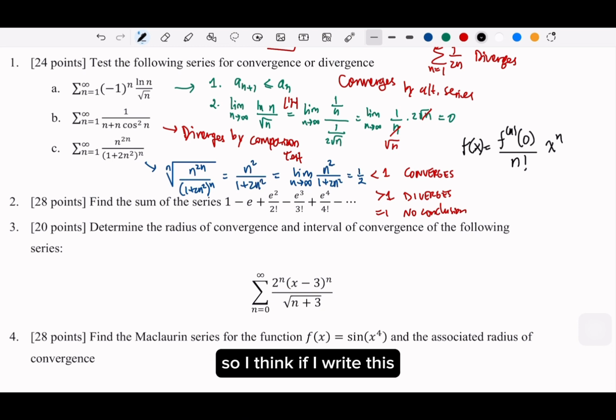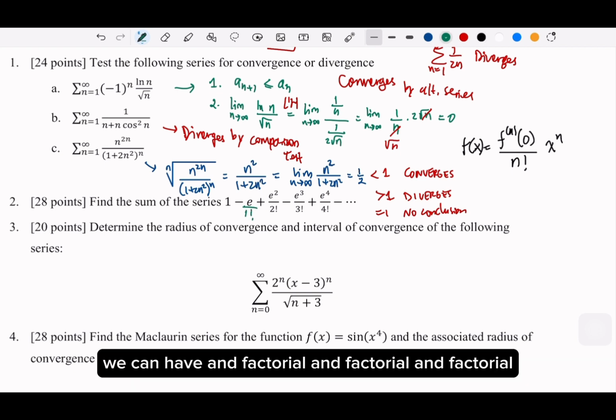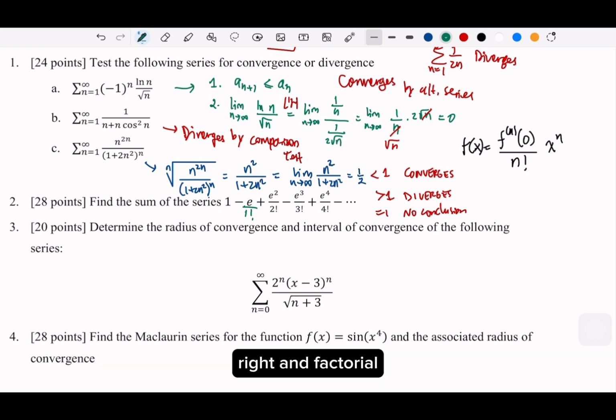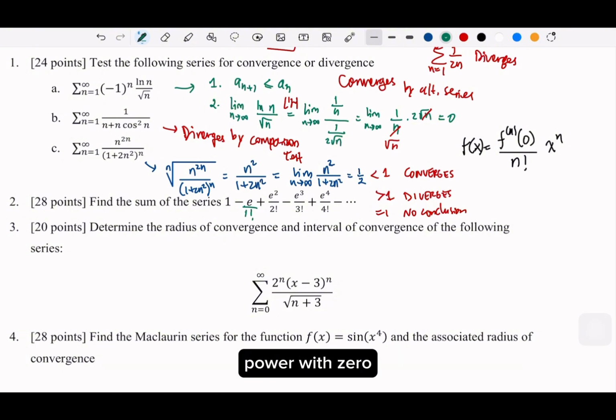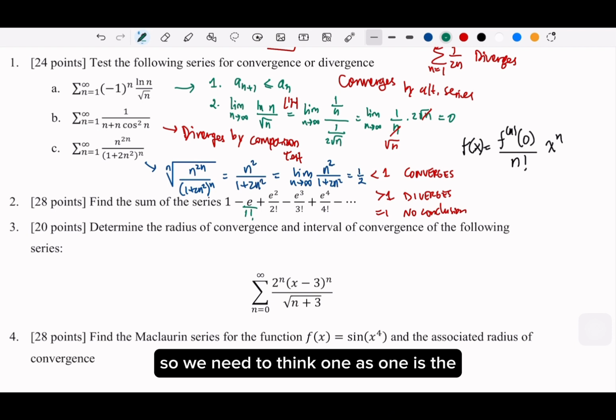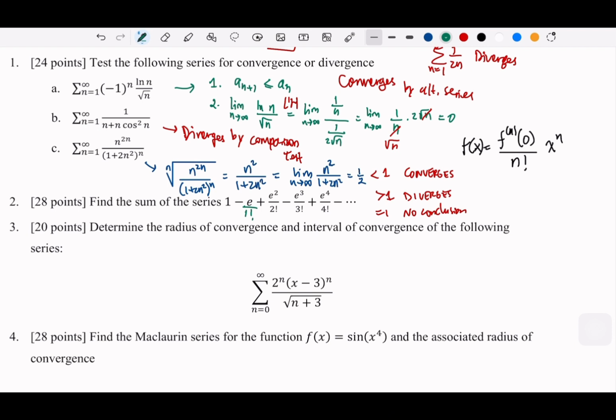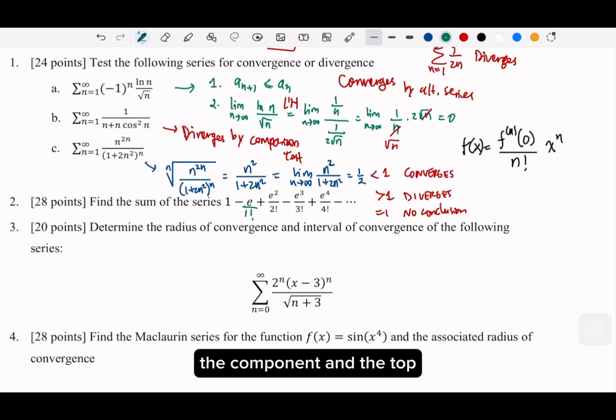So if I write this, you see that we have n factorial, n factorial, n factorial, right? But this is 1, so perhaps this is going to be this, just power of 0, right? So we need to think what the component is. And on top, if you see e, and maybe if you just imagine that it's x, okay?